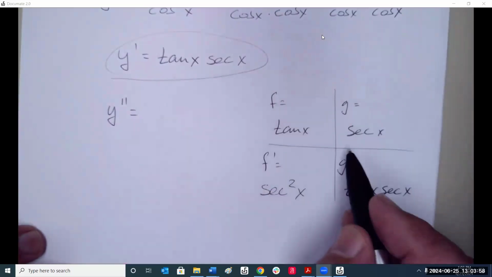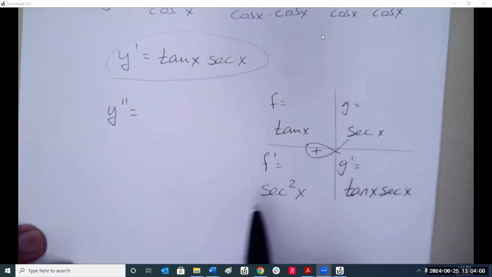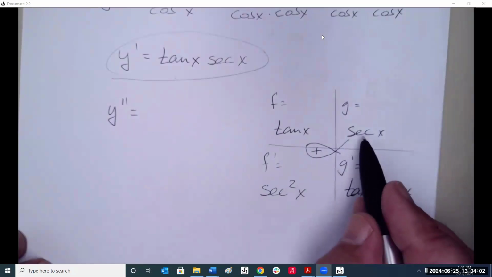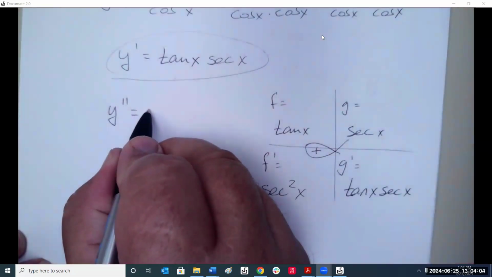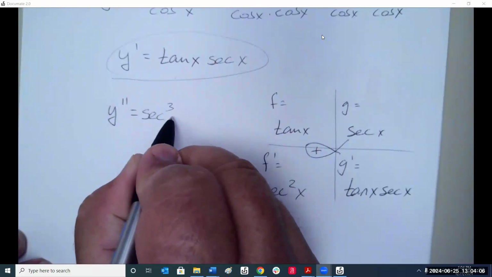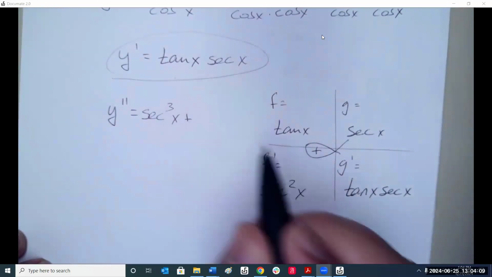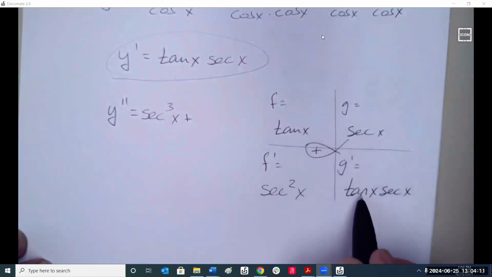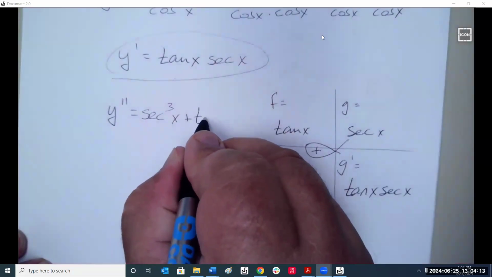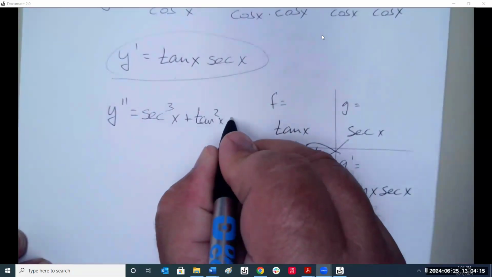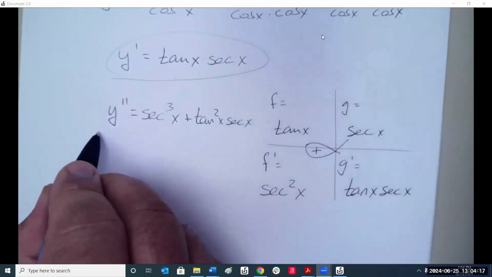Since it's a product rule, we're going to add those two. So secant times secant squared is secant cubed, plus tangent times tangent is tangent squared secant x.